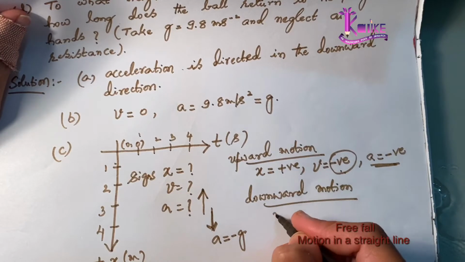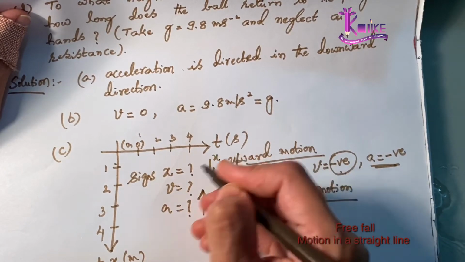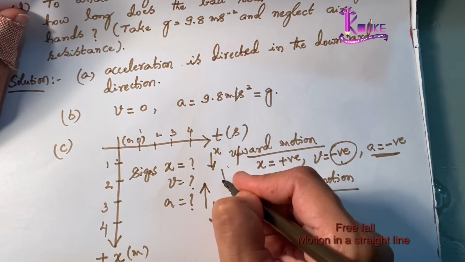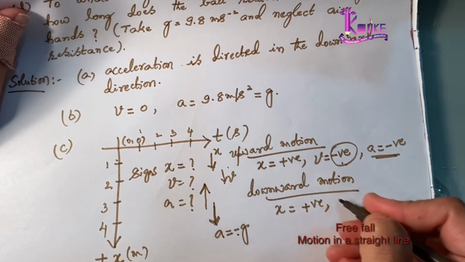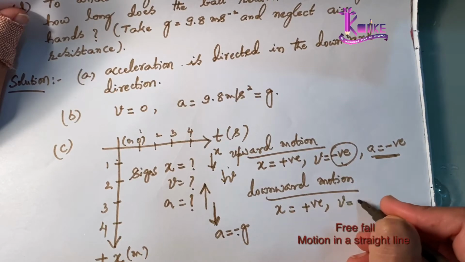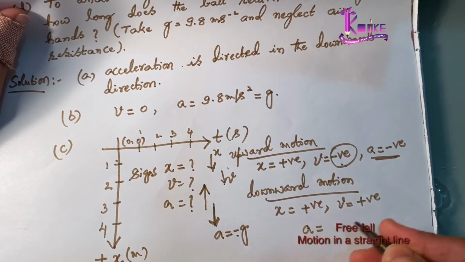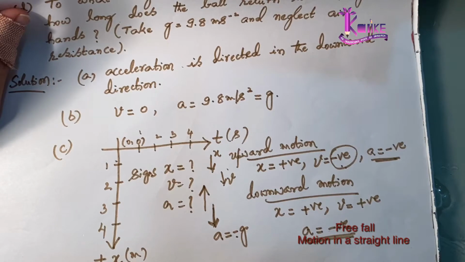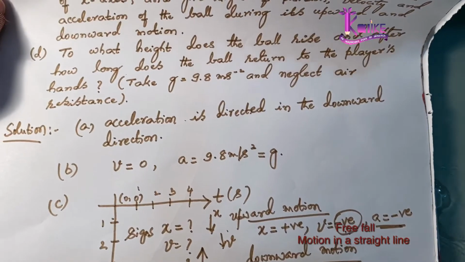In downward motion, x starts moving in this direction, so it moves along the positive x axis, so x remains positive. What happens to velocity? Velocity is in the direction of acceleration, therefore velocity is increasing. Increasing velocity is denoted by a positive sign. What happens to acceleration? Acceleration is always negative by convention during a free fall, therefore a becomes negative. So we have answered all the 3 questions, right?